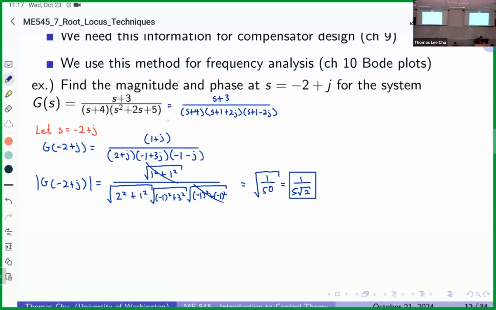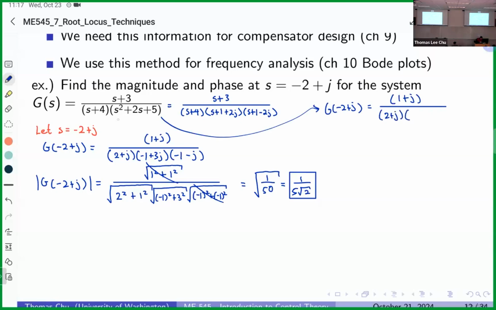If you want to just skip all this, you can just plug in G at minus 2 plus j. I'm not sure if this will be easier, I just like to write it out.